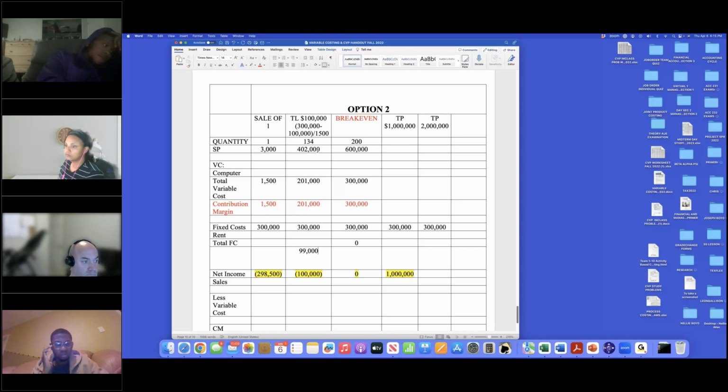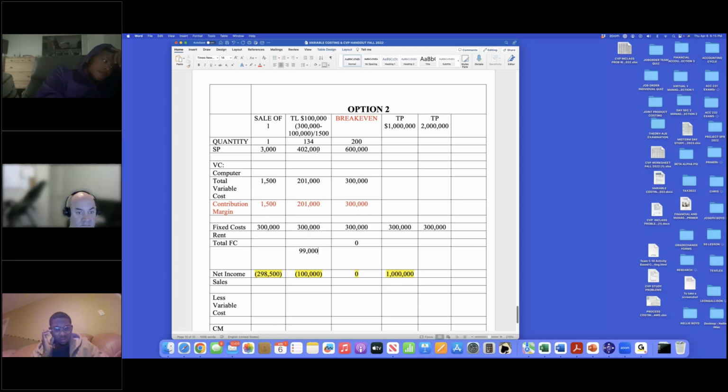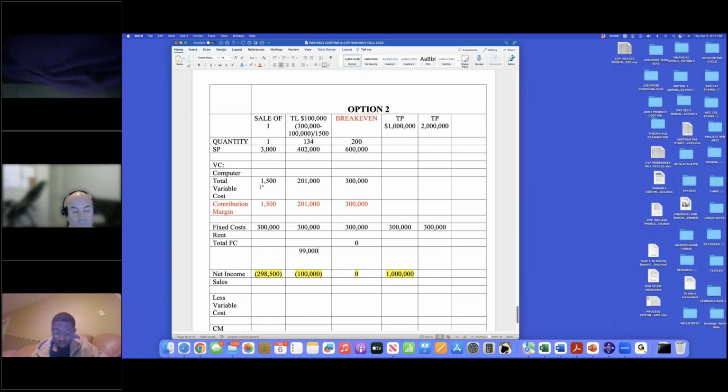That's why this column is helpful. Then we multiply the 1,500 times the 134. So selling price times the 134, cost times the 134, give us that contribution margin.